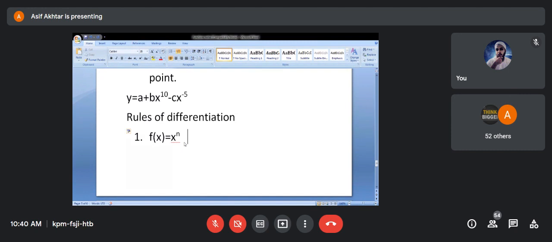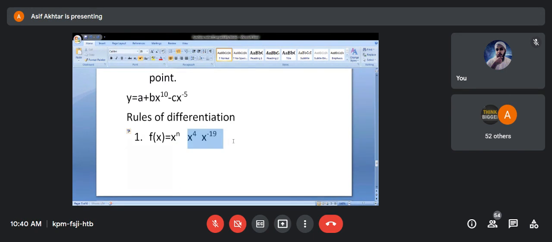For example, x raised to the power 4, or x raised to the power minus 10 or minus 19. Functions like x to the power 4, x to the power 19, and so on are known as exponential functions.